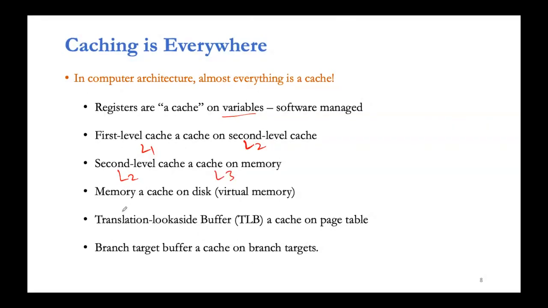Then we find memory acting as a cache on the disk, which we call virtual memory. Apart from this, there is the translation look-aside buffer, a cache on the page tables. And there are other temporary caches, the branch target buffers, which hold the branch targets, whose hardware implementation we have seen.